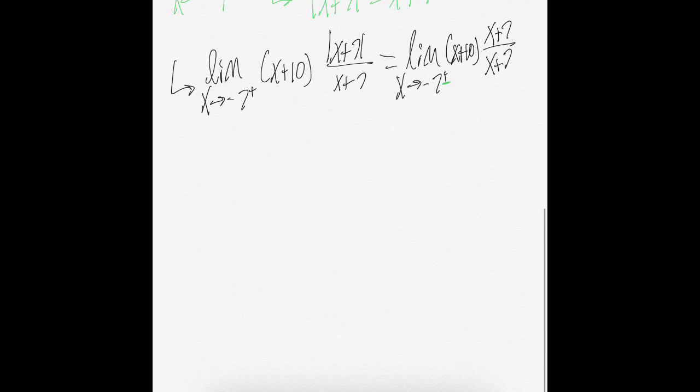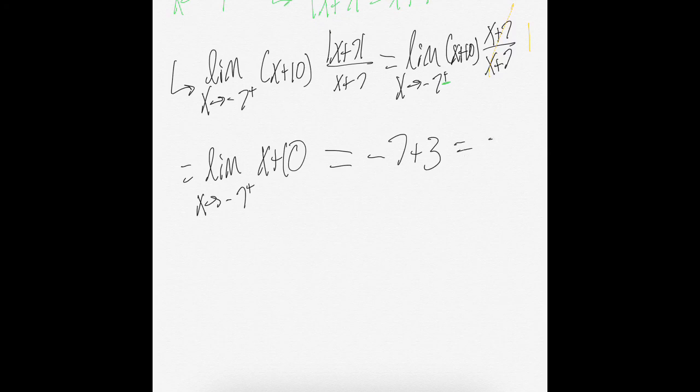Okay, so now that is super helpful because now this fraction is just a 1. And so this just becomes the limit as x approaches negative 7 from the positive side of x plus 10. And at this point, it doesn't matter whether we're coming from the positive or negative side. We can just plug in negative 7 to find that our limit is 3.